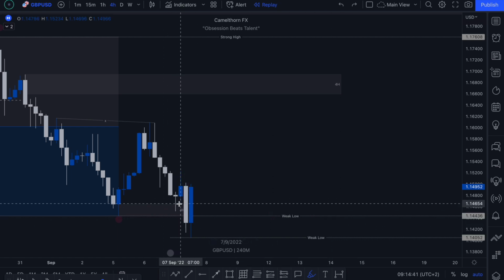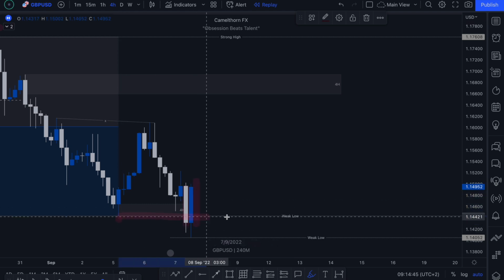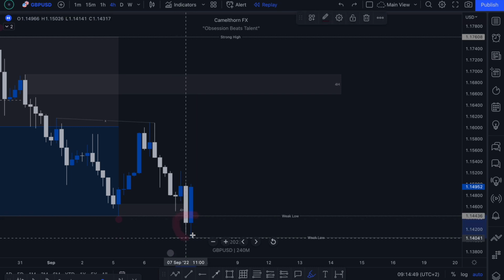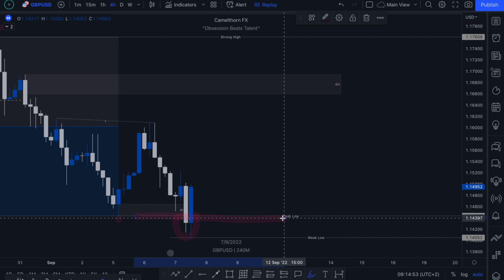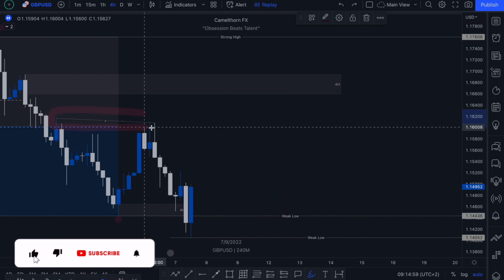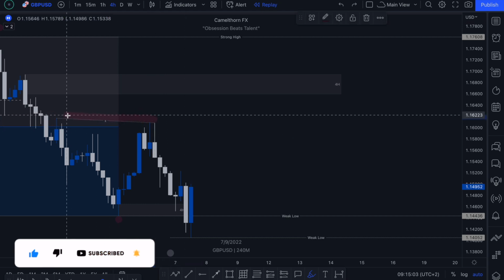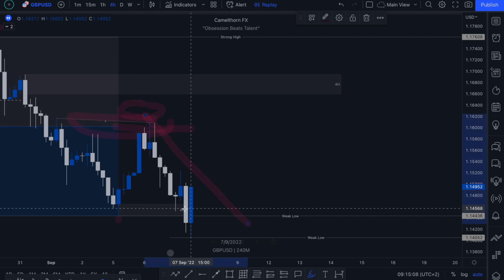However, the fact that price action traded below and immediately back above this low needs to give you an indication that this was just a liquidity grab and that the weak low, for all intents and purposes, is still in place. Remember, price action generated this liquidity in here. Now you might confuse this as price action grabbing premium pricing and then rolling over.